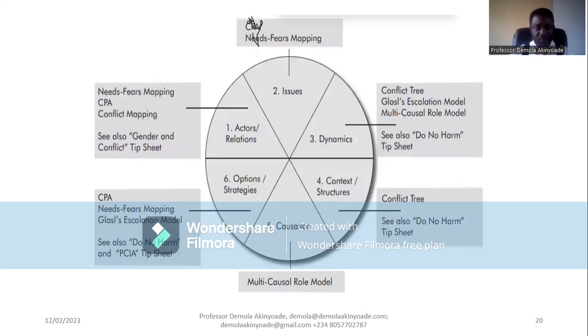So look at a conflict wheel that has been filled here. In this wheel, okay, sorry, let me clear something that I'm seeing here. I want to erase this annotation.